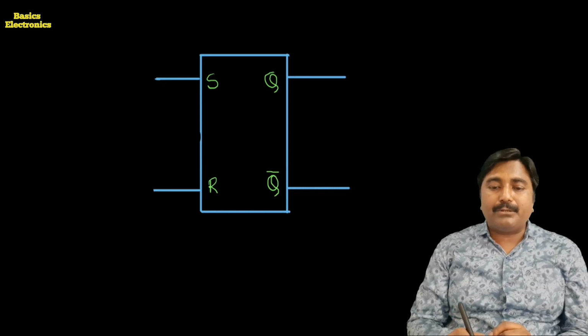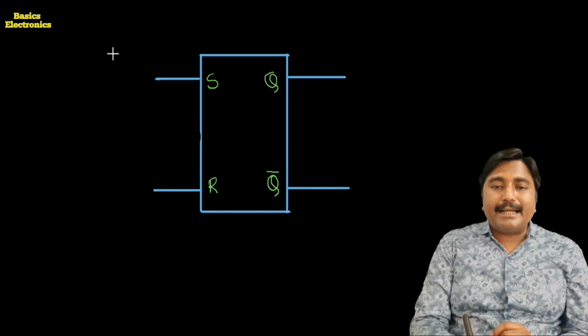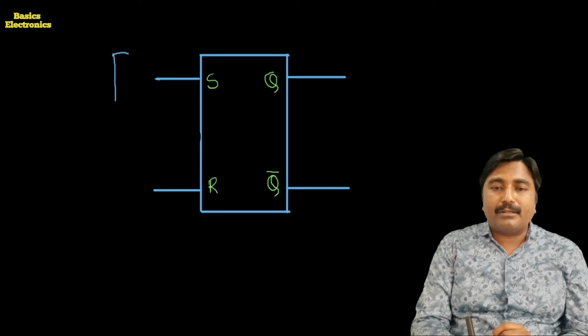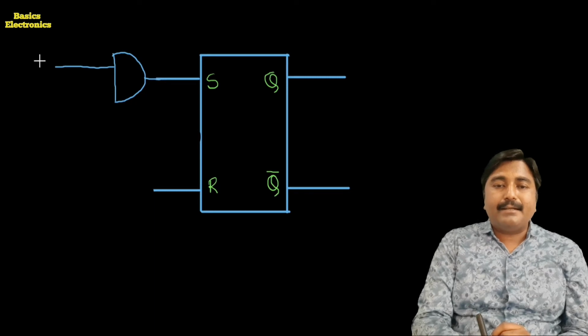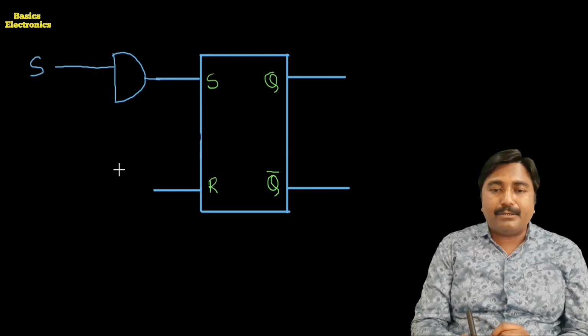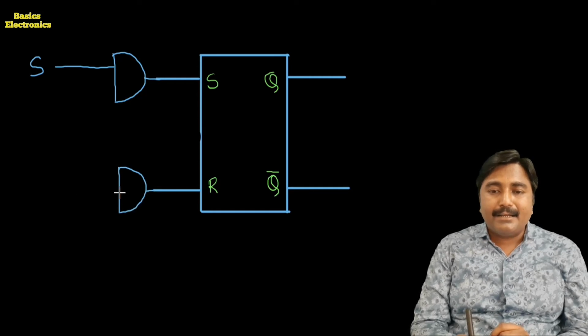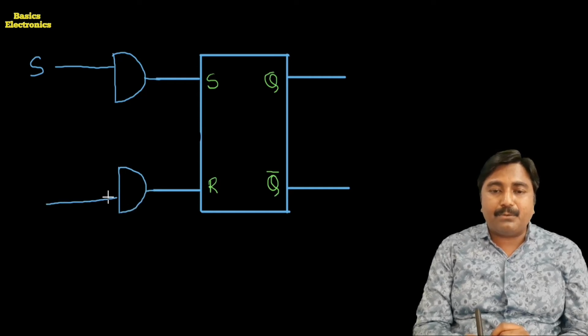I am going to draw one AND gate for the S input of the flip-flop. Then on the lower side I am going to draw one more AND gate, and the second AND gate has the R input.